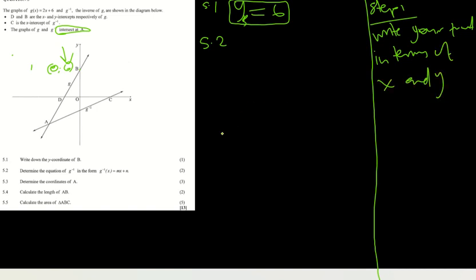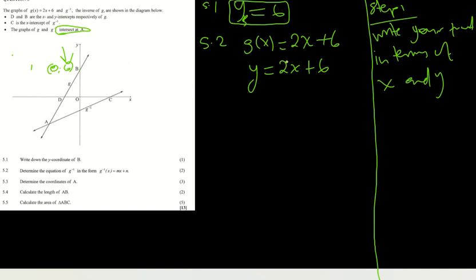Since here we are given g of x equal to 2x plus 6, now step one, you rewrite your function. Here I will substitute y equal to 2x plus 6.